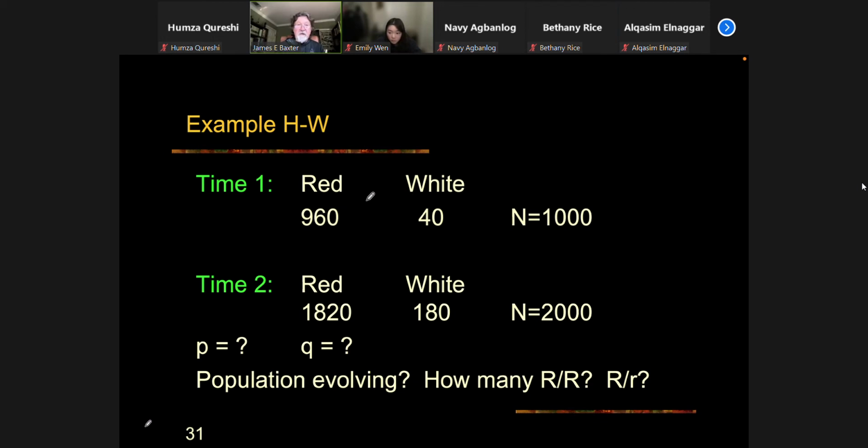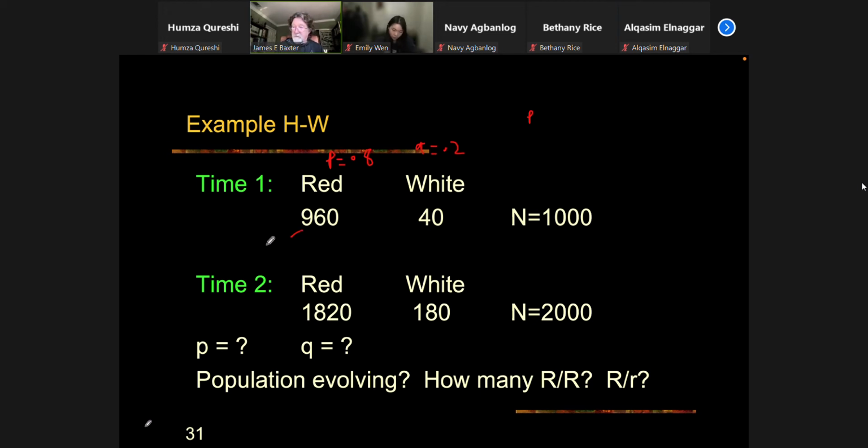If we knew, for example, up here that P is equal to 0.8 and Q is equal to 0.2, there's molecular ways, we take blood samples and we can figure it out. Then we should have had, if we're going with P squared plus 2PQ, the binomial, it would predict that we would have 40 that are white, and how many that are red?